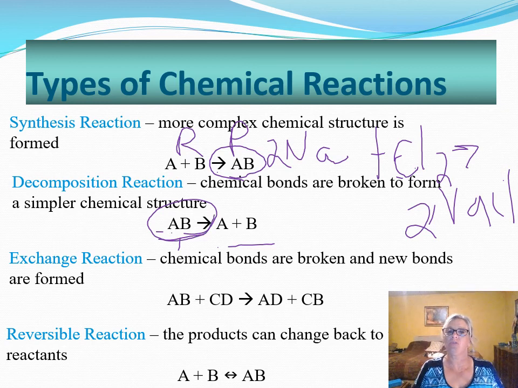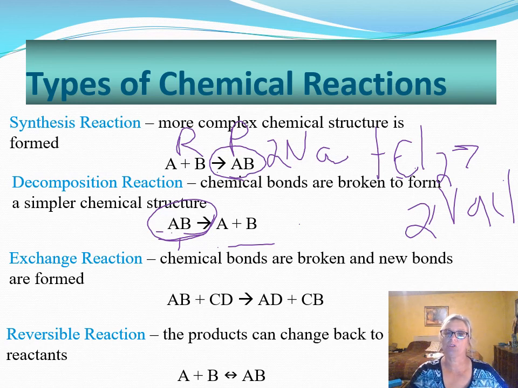And again, these are modeled with 2 reactants, but it can be more than 2. It can be 3, and sometimes even 4 things coming together to make 1. So what you want to look for is, do you have 1 substance on either side of the arrow, and then that's going to be a synthesis or decomposition, and then you just look at which side of the arrow it is.